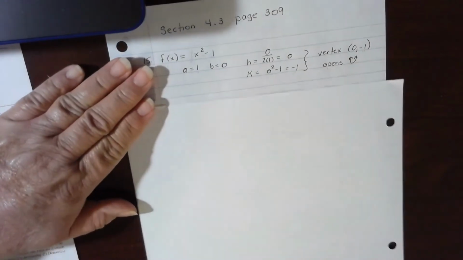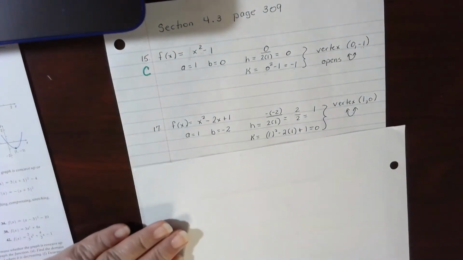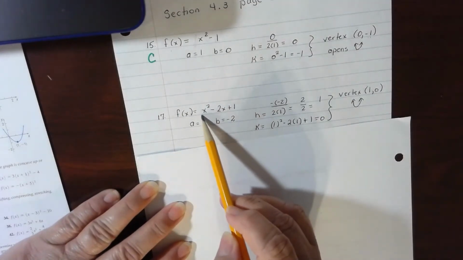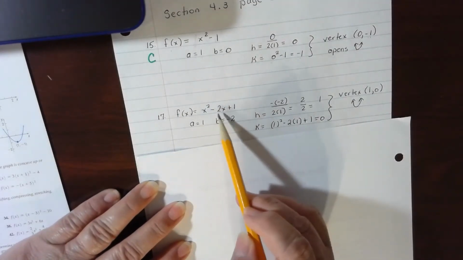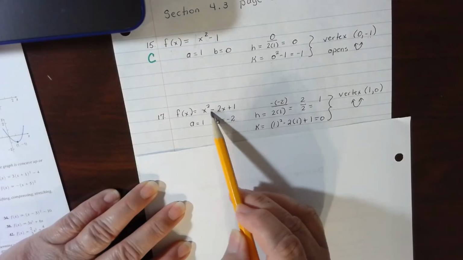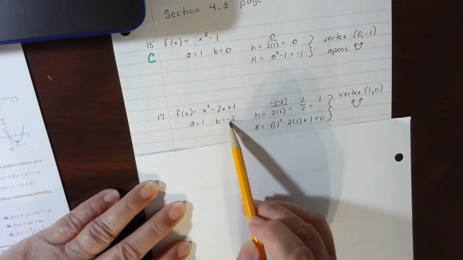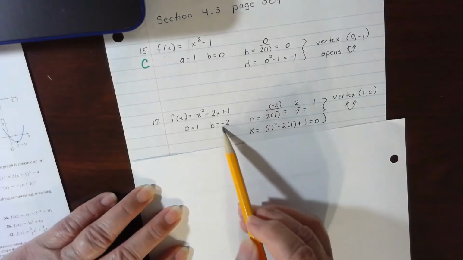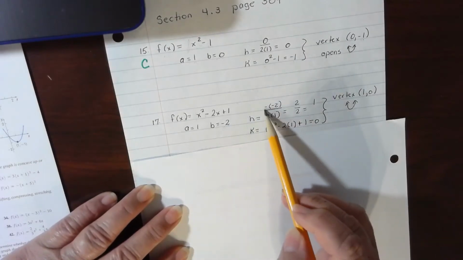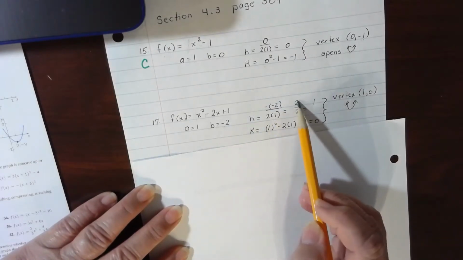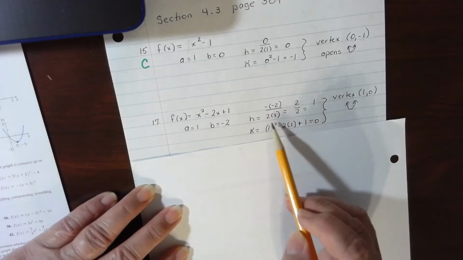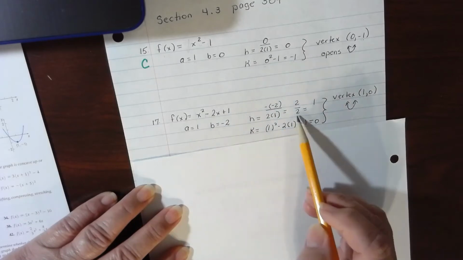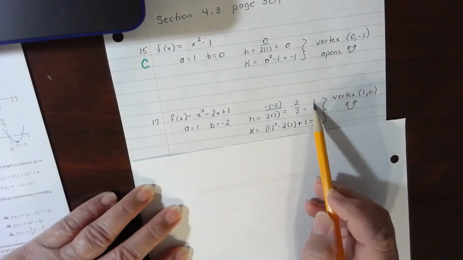Alright, I'm going to move on down to number 17, the same drill. A is this invisible 1, and B is now negative 2. Be sure you include the sign with it. Alright, the rule says to take the opposite of B. So the opposite of negative 2 becomes a positive 2. And 2 times 1, because it's 2A, is 2, so I get 1.